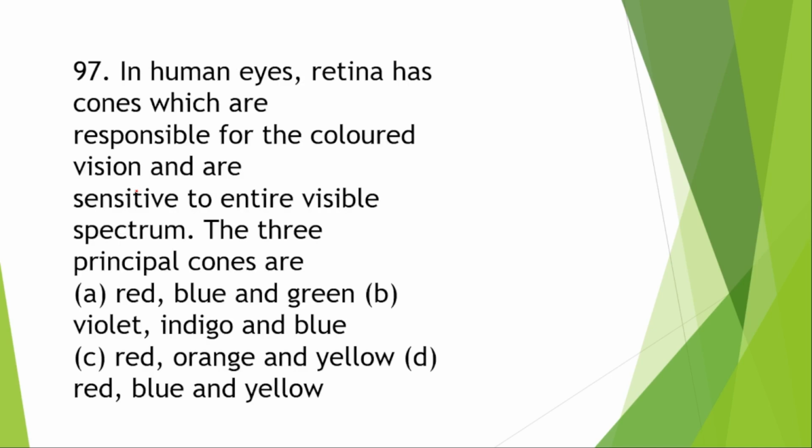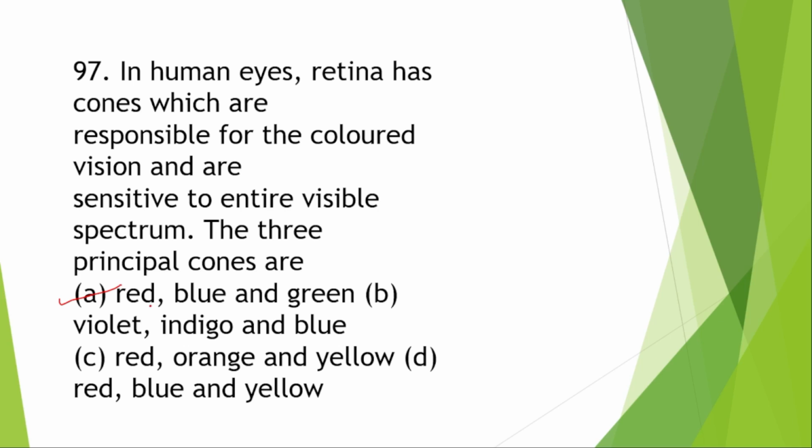97th one. In human eyes, the retina has cones which are responsible for color vision and are sensitive to the entire visible spectrum. The three principal cones are: red, blue and green; violet, indigo and blue; red, orange and yellow; red, blue and then yellow. So here the right option is red, blue and green.